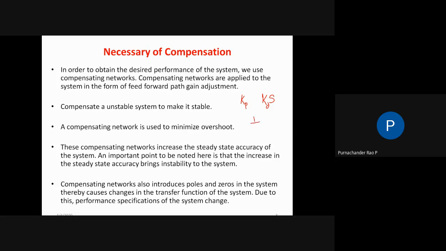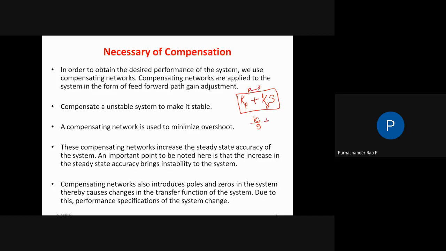Okay, so here Ki by s, this is your integral controller. Here a pole can be added at the origin, or a zero can be added at the origin. So these two independently are not giving the required performance characteristics, and therefore we use them in conjunction with the P controller. Okay, so this is called a PD controller.